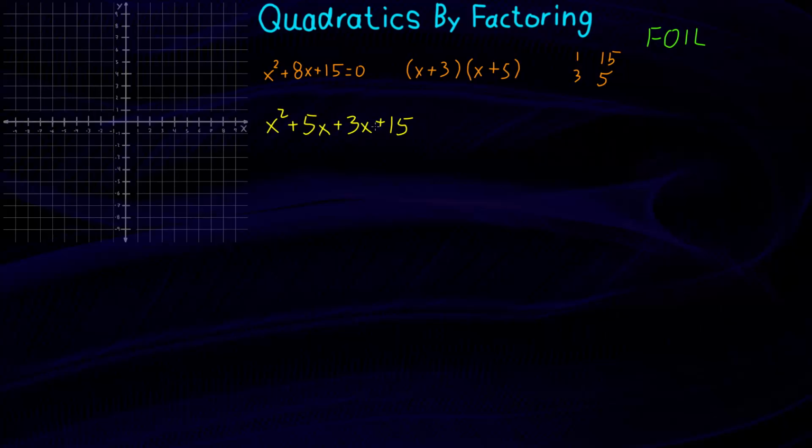So we have x squared, but then we've got two x's here, so x squared plus 8x, because there's 5 and 3, 8x plus 15. And these match. So that means that this is a factor of that original equation.